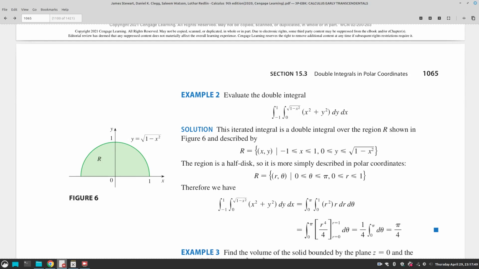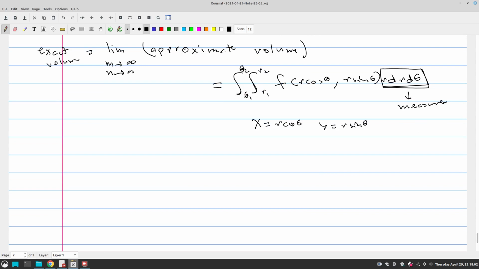Evaluate this double integral, x from minus 1 to plus 1, y from 0 to square root of 1 minus x square, of x square plus y square, dy dx.